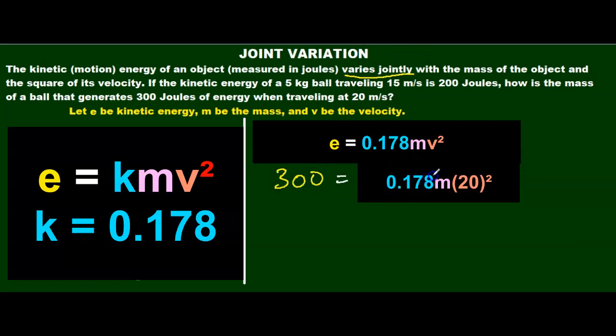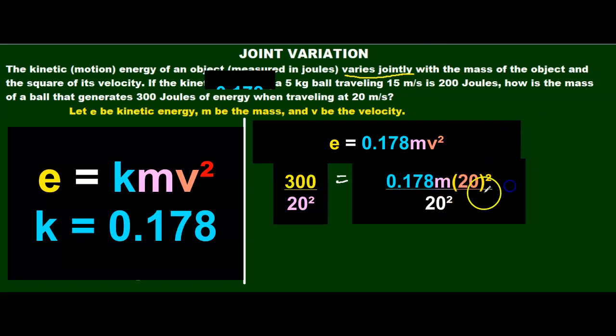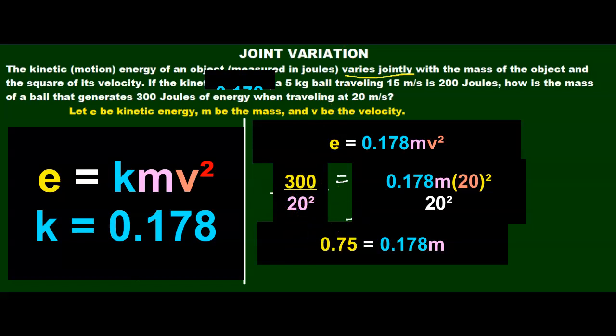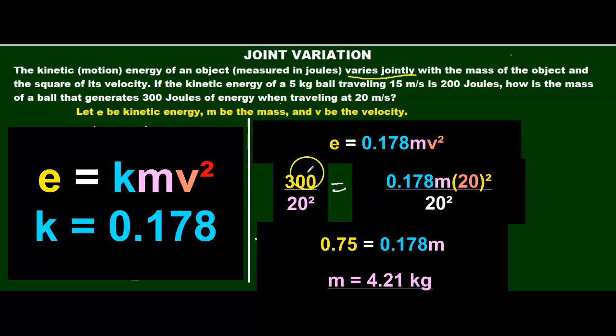We want to find M, and we're given that V is 20. Divide both sides by 20 squared. 300 over 20 squared is 300 over 400, which gives me 0.75 equals 0.178 M. Divide both sides by 0.178 and you get M equals 4.21 kilograms.